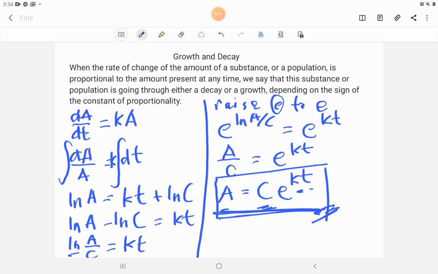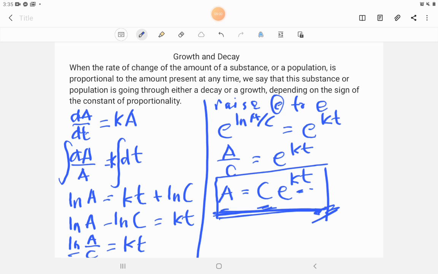For instance, how about if the question being asked is: find the amount of substance present at time equals, let's say, 5 minutes, if the rate of change of the substance follows the model where the rate of change of the substance is directly proportional to the square of the substance initially present.